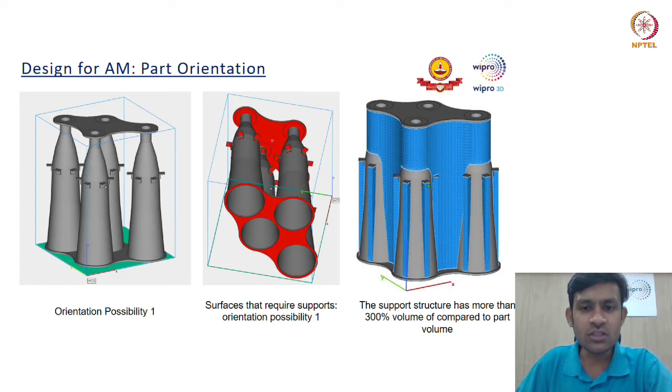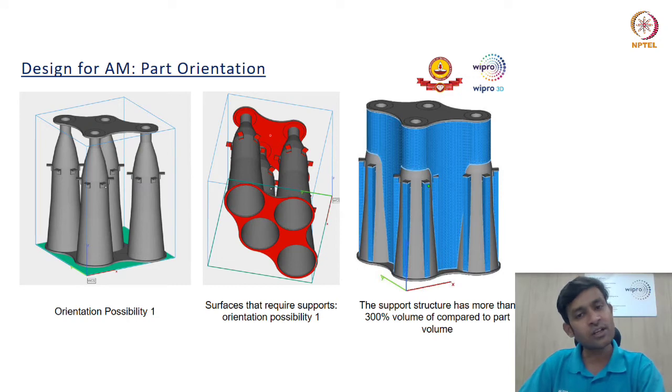Now in red, what you see are the features or the surfaces which are mandatory to have support structures if we want to build them successfully in the EOS M290 machine using a ytterbium fiber solid-state 400 watt laser. As we have discussed in the previous sections, for the LPBF process, support is one of the mandatory things if we want to build flat overhang structures.